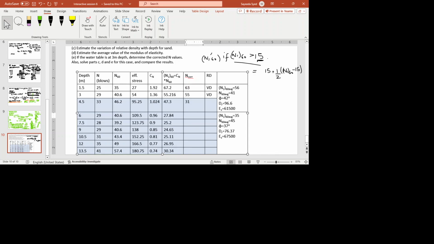Here it will be 21.42. Let's write 21 here because we are rounding off.